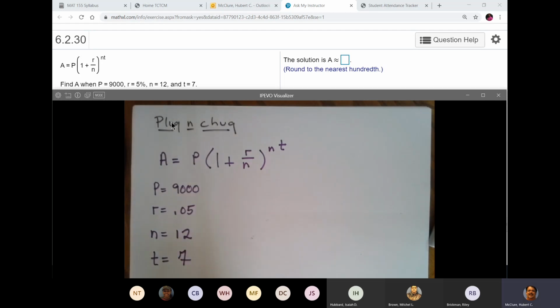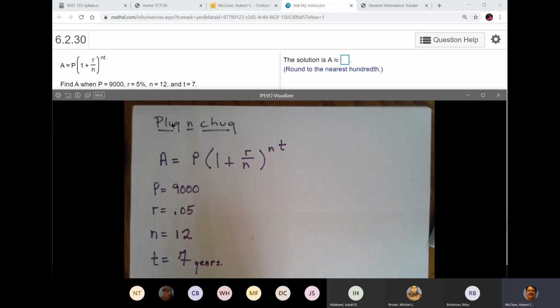Okay, remember, this is called compound interest. T is in years. And for those that were not here the other day, if I say 6 months, then that's 0.5 years. So you got to make that distinction when you're talking about years.